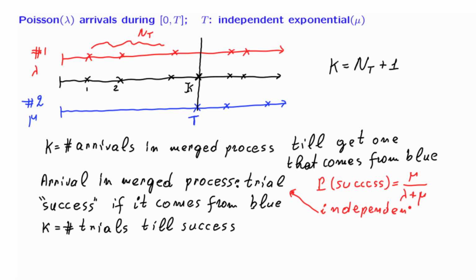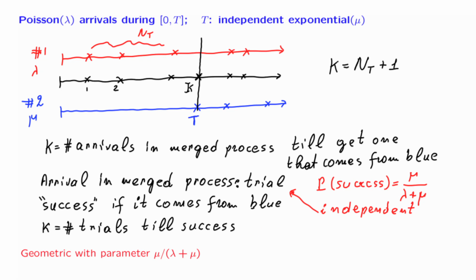So what we're looking at is a random variable, which is the number of trials until the first success in a sequence of independent trials, where each trial has a success probability equal to that value. And we know what that distribution is. It is a geometric with this particular parameter.